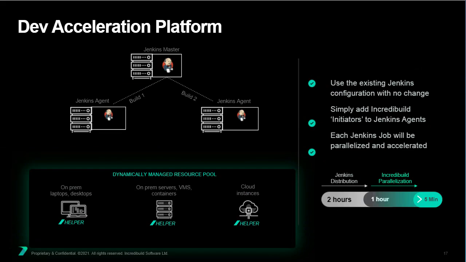Now let's take a look at how that would look in a CI environment. In this case, we have a Jenkins. What Jenkins does great is that it can take, let's say in this case, a build that would normally take 2 hours, and it can distribute that across other agents, bringing that 2 hours down to 1 hour, which is, again, phenomenal.